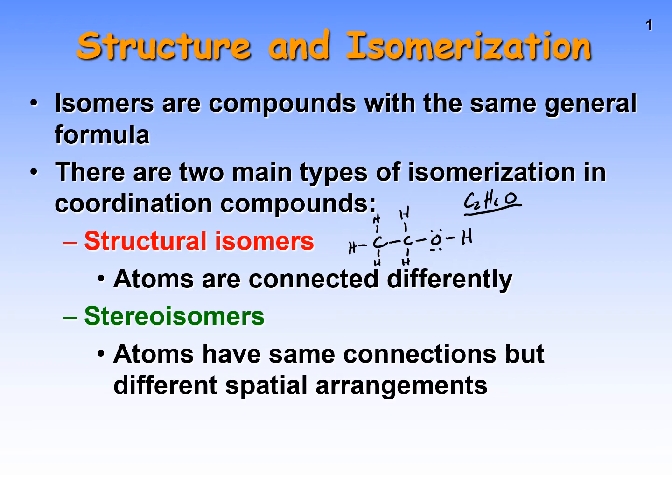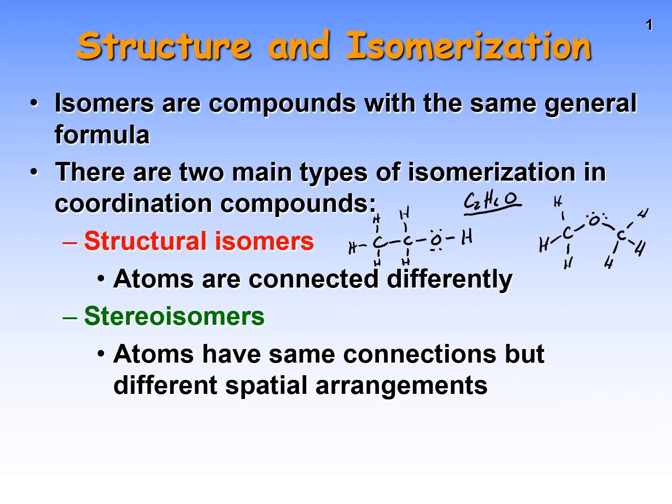Another structure also has 2 carbons, 6 hydrogens, and 1 oxygen. And it looks like this. And so this compound is known as dimethyl ether. And it is not healthy to drink.